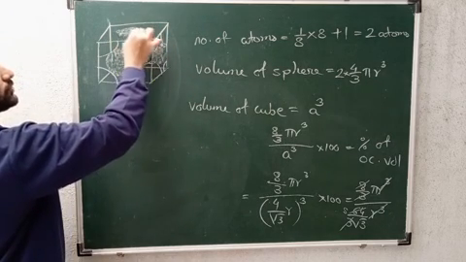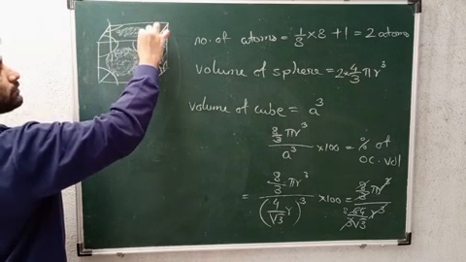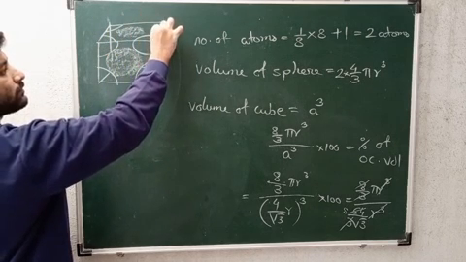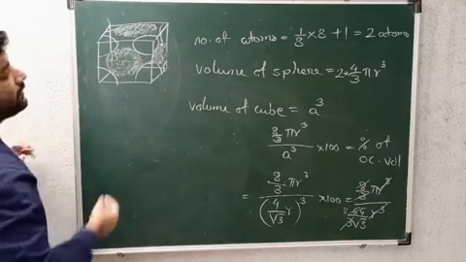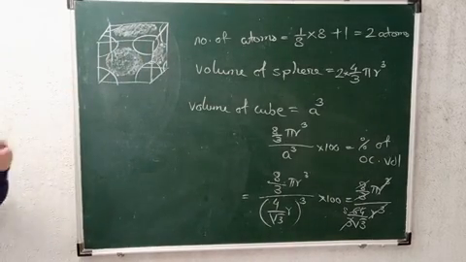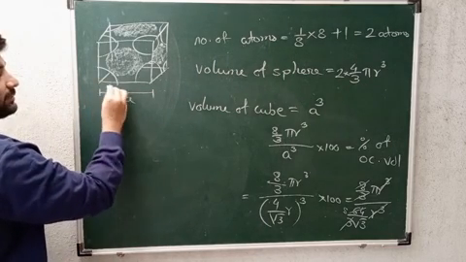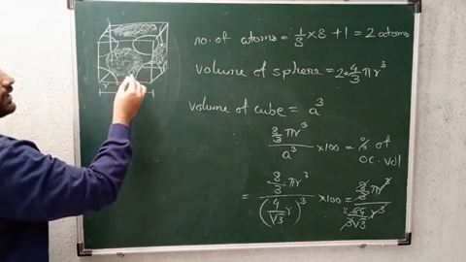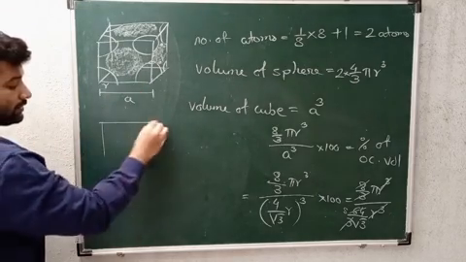At the top also you will have an atom placed. So in this way you will have the atoms present at the faces. At each face you will have an atom. Edge length is represented by A. This will be R.